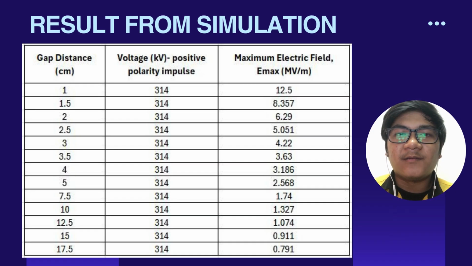We use the same voltage, that is 314 kilovolt. Because of the gap distance and the voltage difference, the maximum electric field is as in the table. That is the result for the simulation.